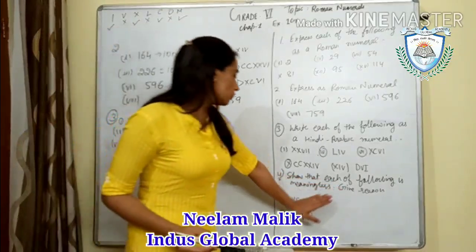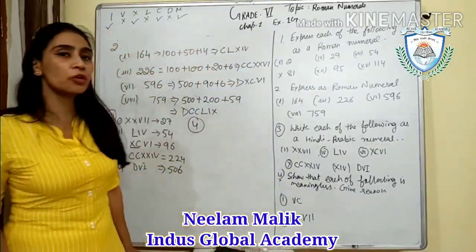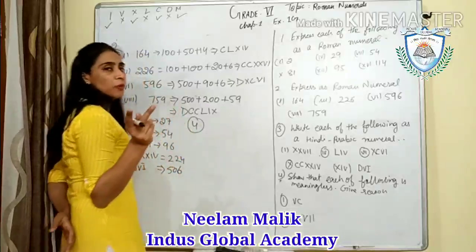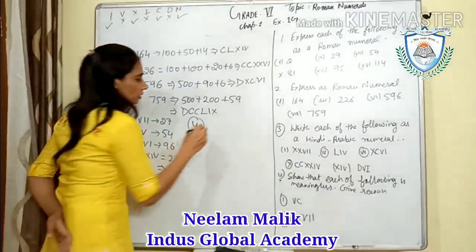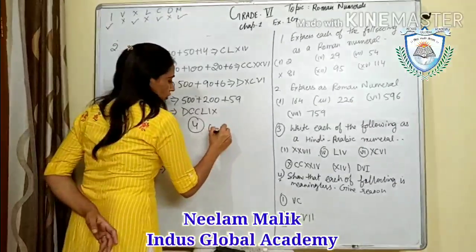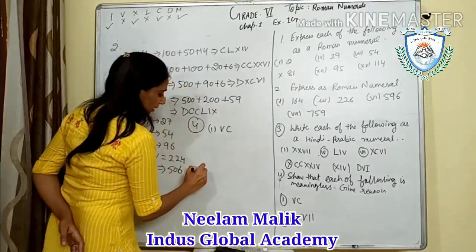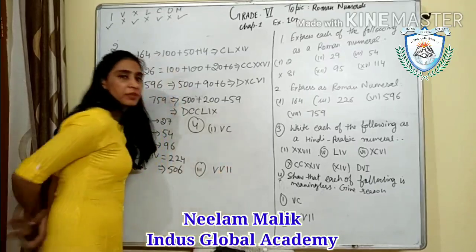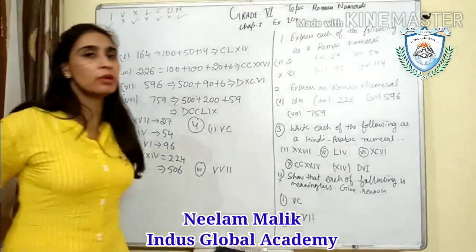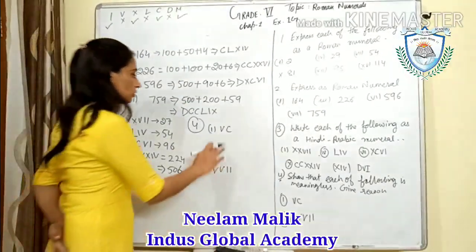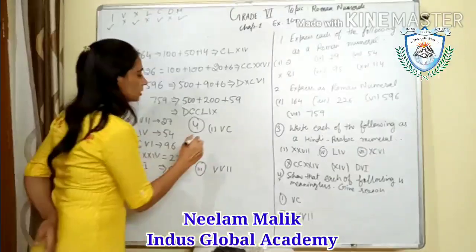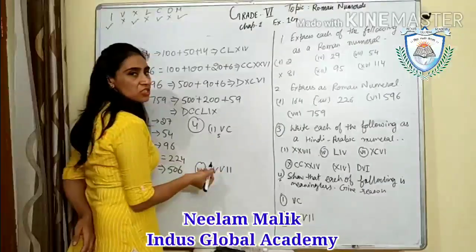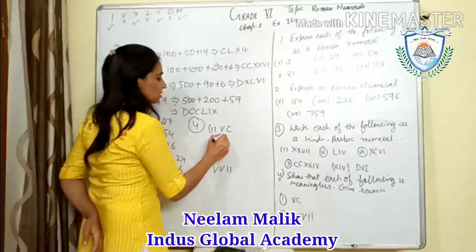Now question number 4. Show that each of the following is meaningless. Give reason. I have taken two parts; four are given there. First is VC, and the third one is VVII. What is wrong here? Let's check this. V means 5, and C means 100.